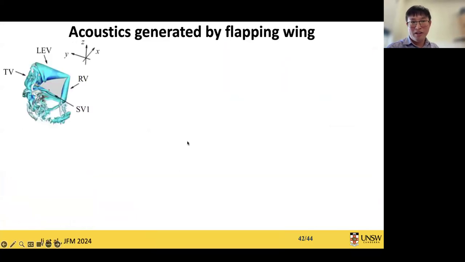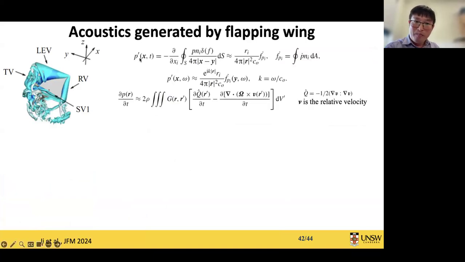Now we know that the LEV is very important for force generation, and the far field sound pressure is related to the force change. Therefore, my best student Shao built a connection between the far field pressure and the pressure fluctuation on the wing, and then connected the pressure change on the wing with the vortical structures.